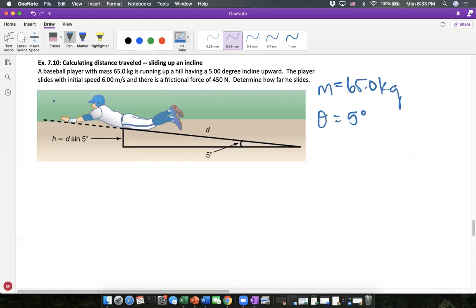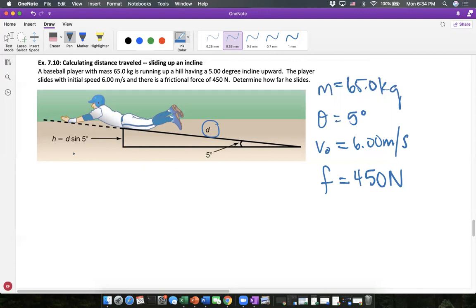The player starts sliding with a velocity of 6 meters per second. And there is some kind of frictional force involved, which is 450 newtons. And we want to know how far he slides. So we want to know what this displacement is here.